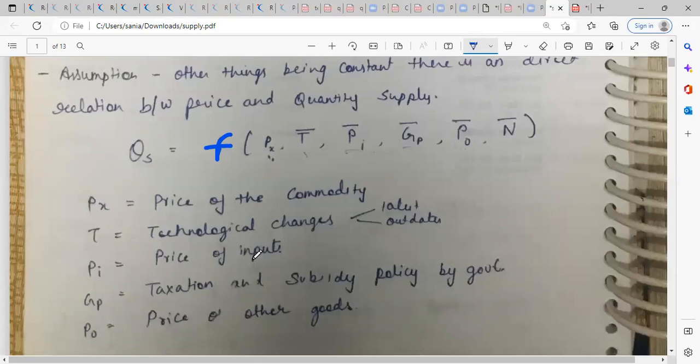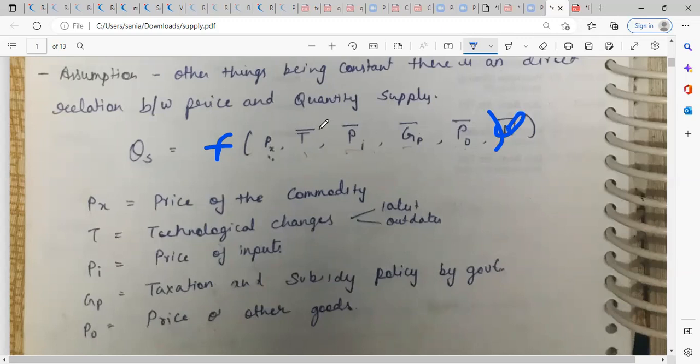PI is basically price of input. GP is basically government policies. PO is basically price of other goods. Just ignore N, which I will tell you later on. Remember one thing: if you are talking about price, it means you are only talking about price.